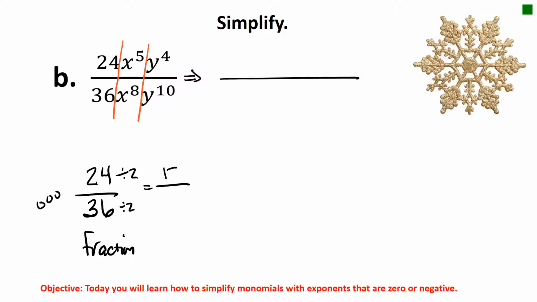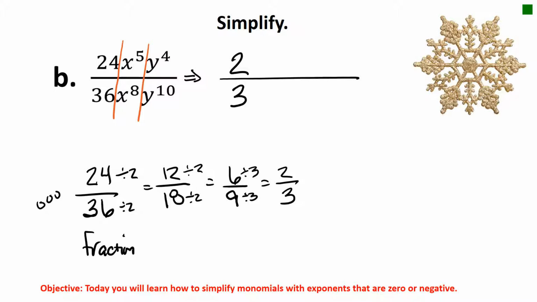That gives me 12 over 18. Oh my gosh, they're still even, so I can divide by 2 again. That gives me 6 over 9. Oh my gosh, they divide by 3. Keep going. That gives me 2 over 3. So that's what 24 over 36 reduces to.